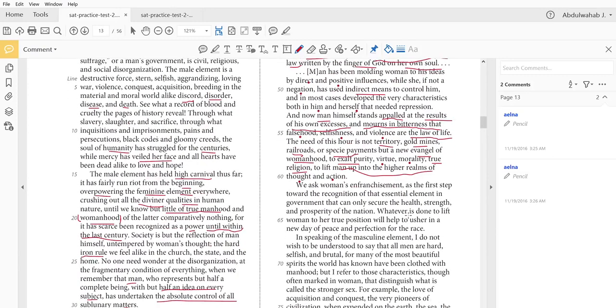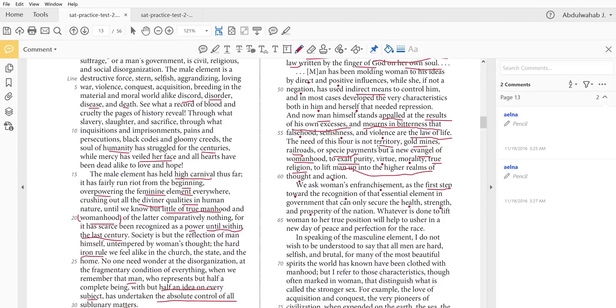We ask women's enfranchisement, to put women back into society, or to bring her into society for the first time, as the first step toward the recognition of that essential element in government that can only secure the health, strength, and prosperity of the nation.